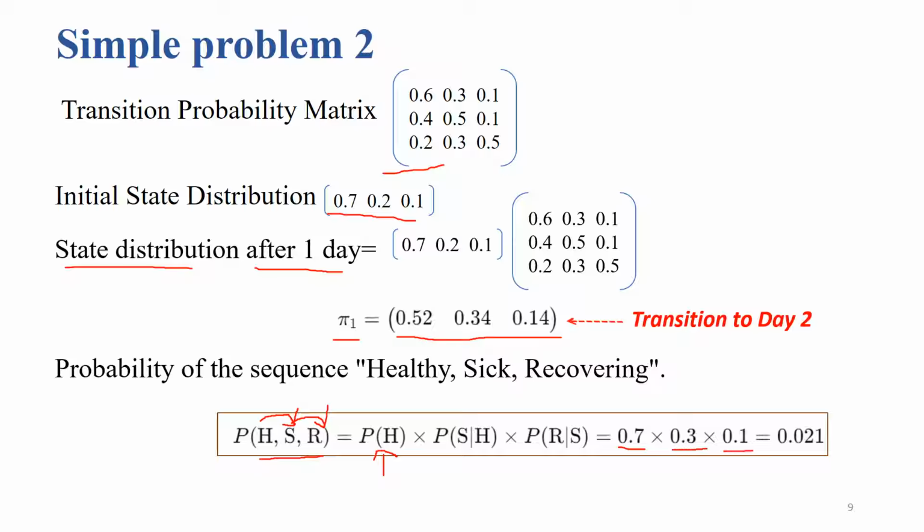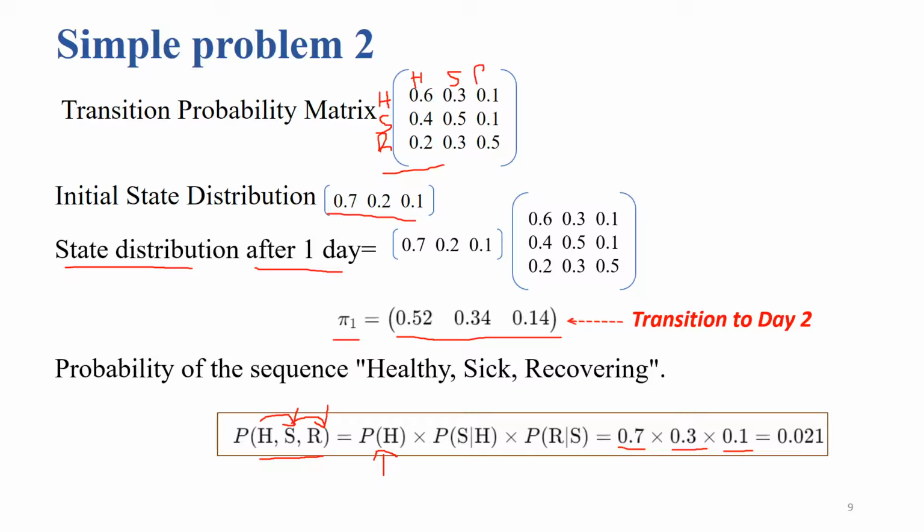Let us consider this matrix. So this is healthy, sick and recovering, and this is healthy, sick and recovering.